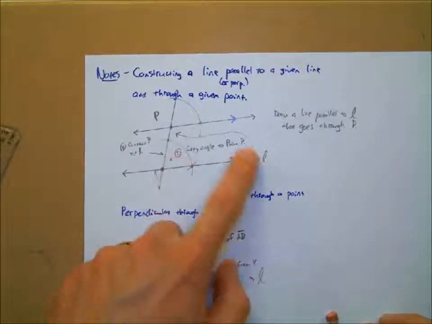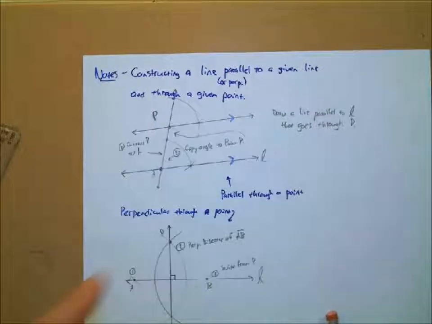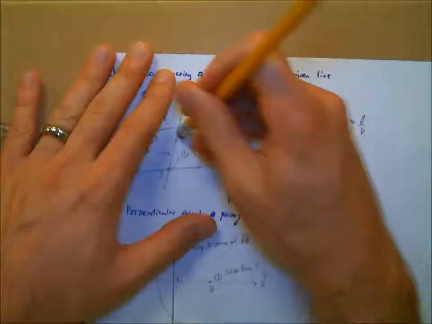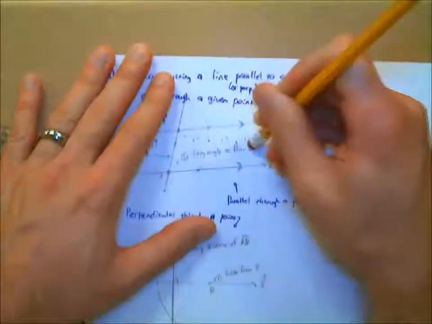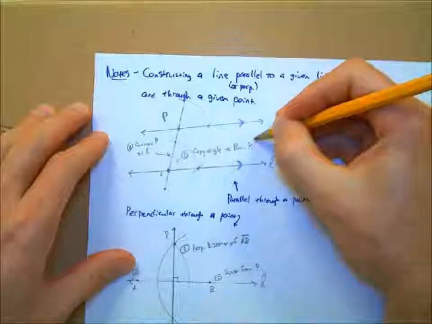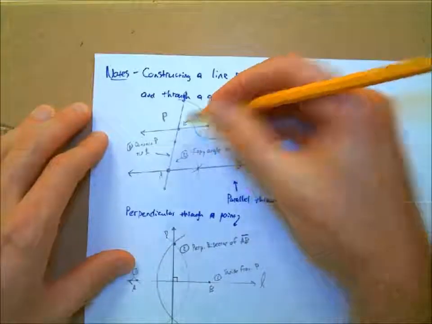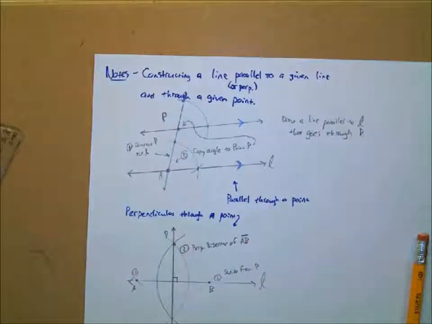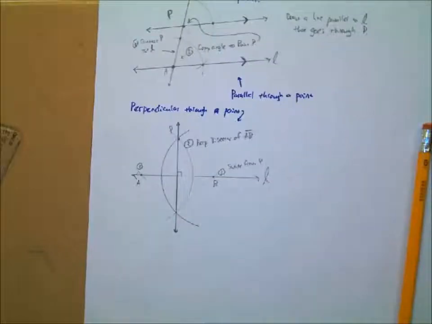Again, I said here, connect P to line L, and then copy the angle here to point P there. So I guess maybe I should do it more like this. This would make more sense if I do it that way. Like that. Okay? That's all it is.